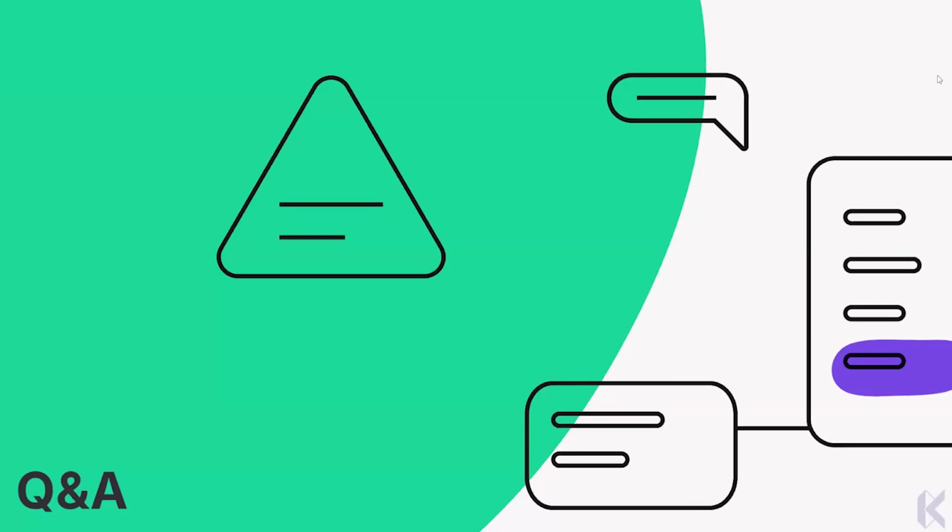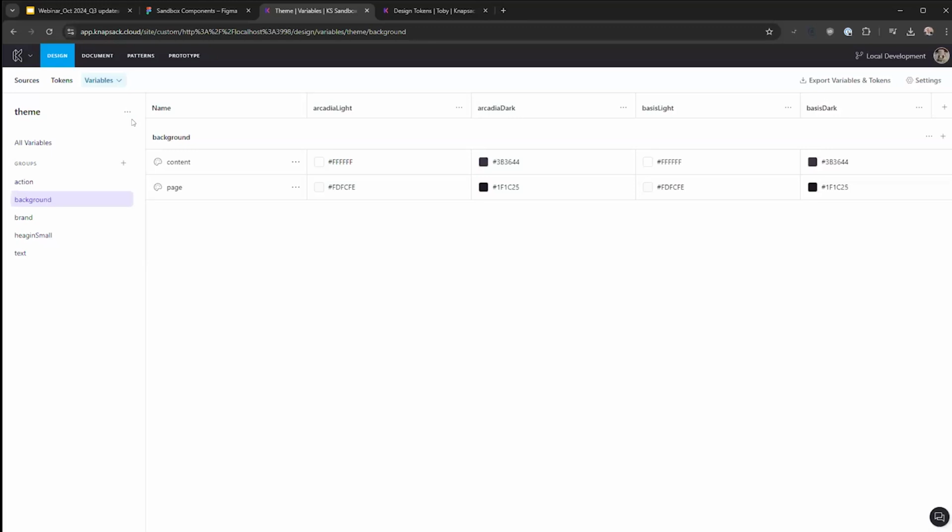Great question. So over in our concepts of collections, variables, and modes here, we like to think of brands as modes. I like to think of, you know, if I have a value called background page, here's a great example, okay?